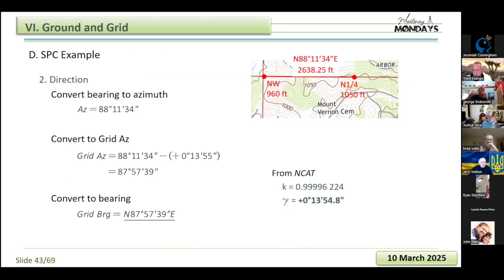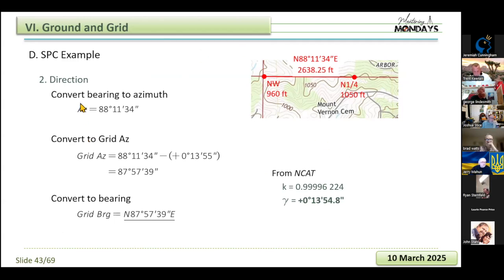To change my geodetic direction to a grid direction, I like to work in azimuths, because an azimuth is a continuous clockwise angle, and I can either add or subtract my convergence to the azimuth to get the converted value. If I'm working with bearings, depending on which quadrant I'm in, I have to either add or subtract it, and rather than try to do that, I just put it in terms of azimuths.